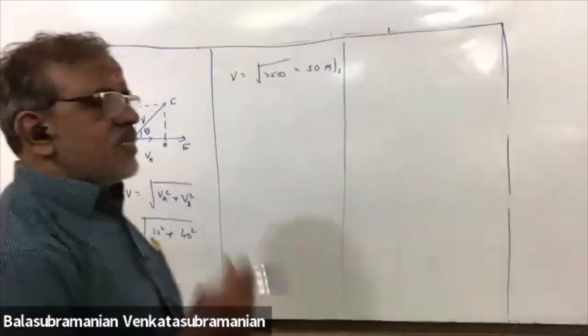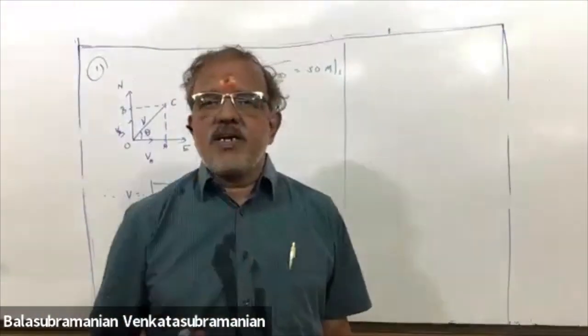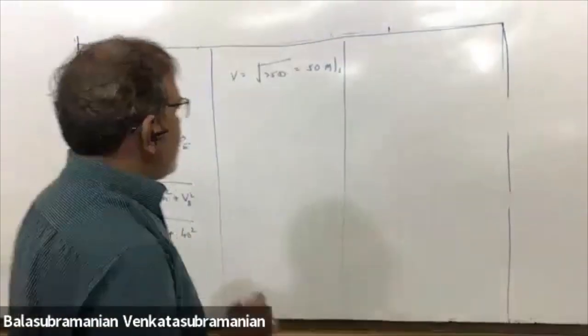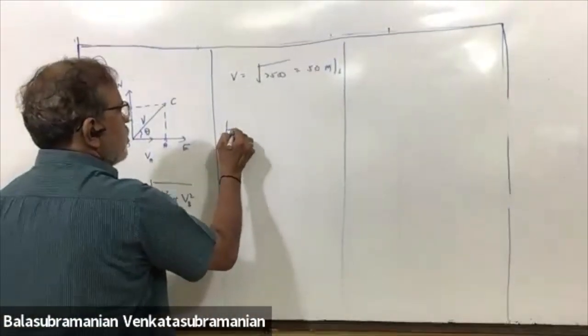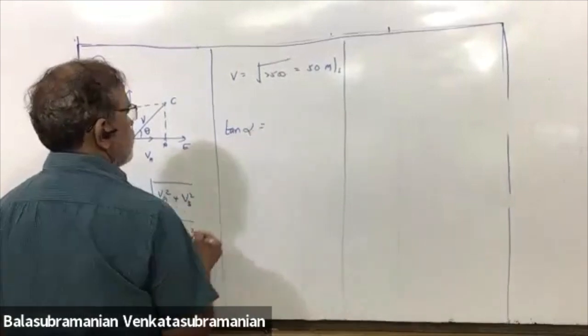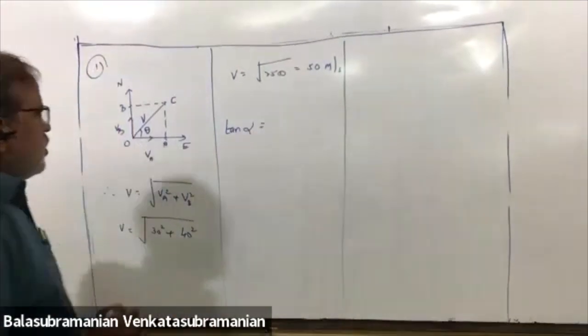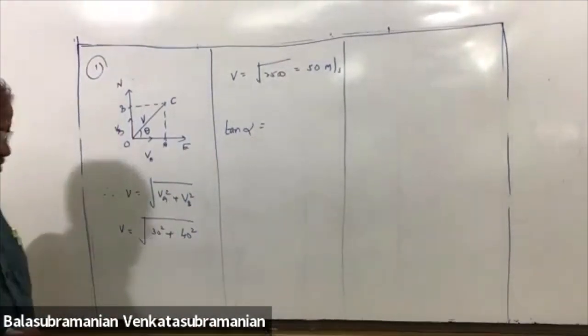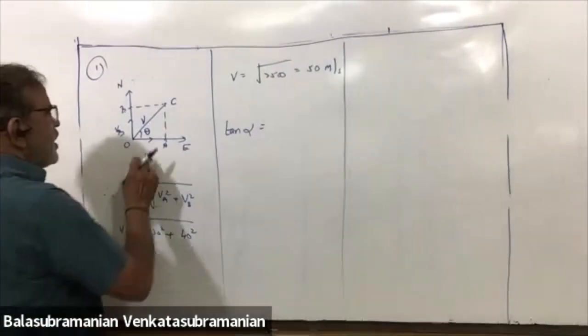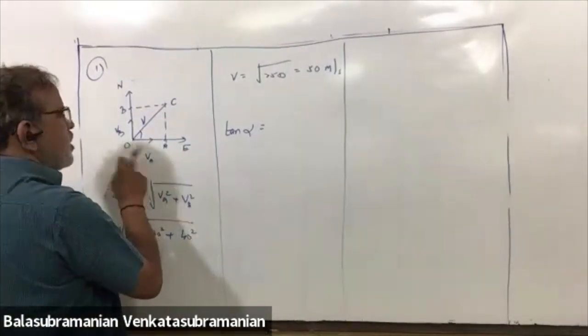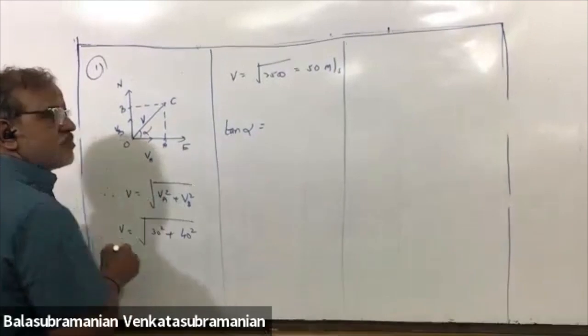Suppose they are asking you to calculate the resultant direction. Resultant direction is tan alpha, equal to Q sin theta by P plus Q cos theta. Here theta is the angle between A and B, and this is alpha.